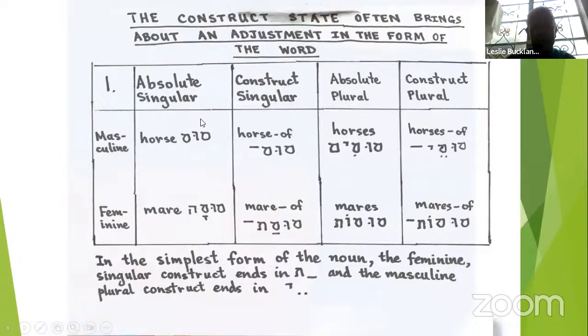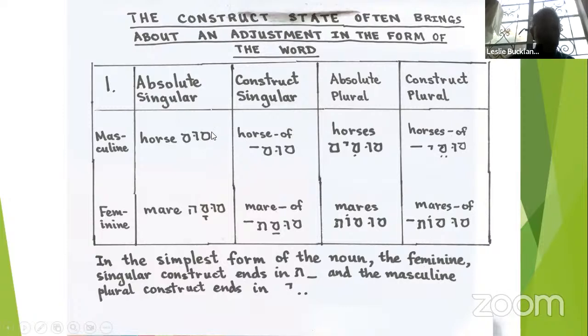Now let us look at a table that illustrates this further. We're looking at nouns in more detail. Okay, so we're dealing strictly with nouns, not pronouns, but nouns. So the absolute form of the noun, in this case, sus. This is the absolute state. It's in the singular, so we're just dealing with one horse, sus.